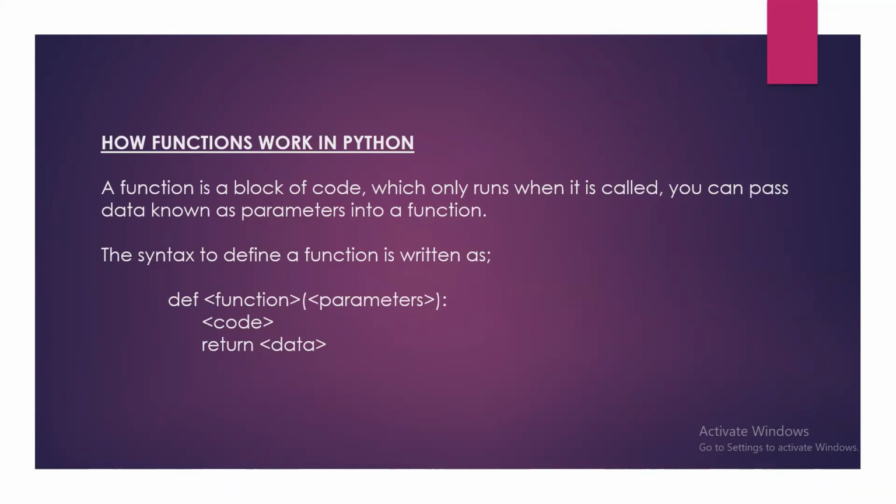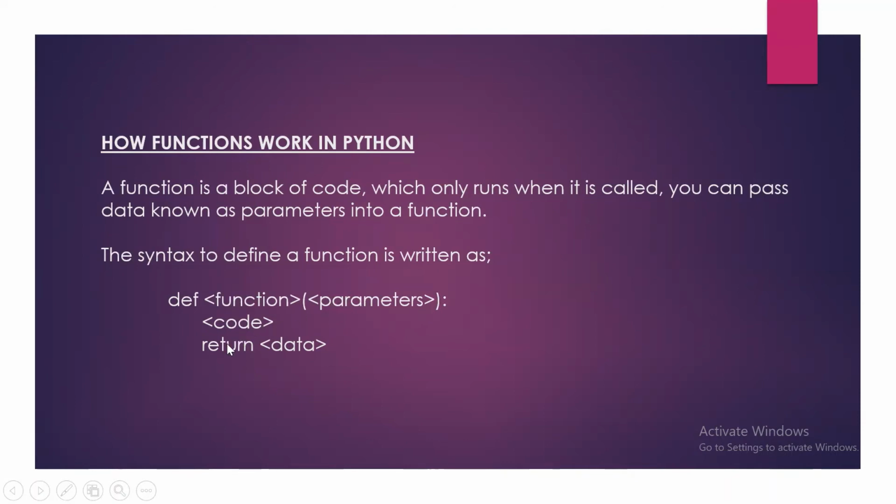To create or define a function, we use the keyword def, and then we write the name of the function which we want to create, and then we define the parameters upon which we want to perform the specific function. And in the code, we define the operation which we want to perform on these parameters.